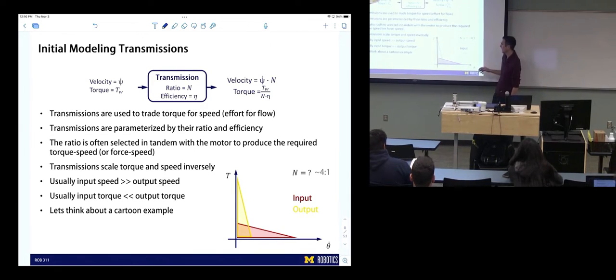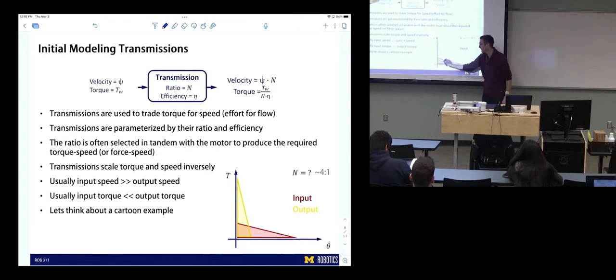Yeah, so if we have a task, that task might look like some profile in this side of the triangle. We could represent a task as torque and speed, right?